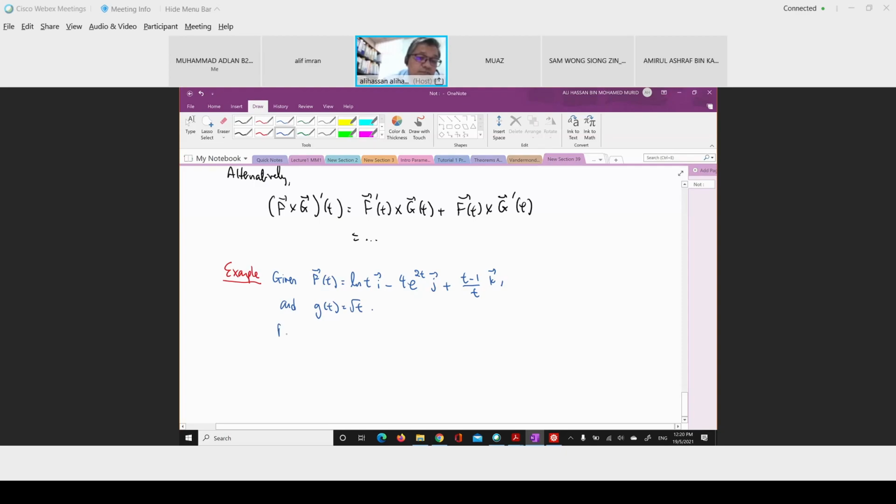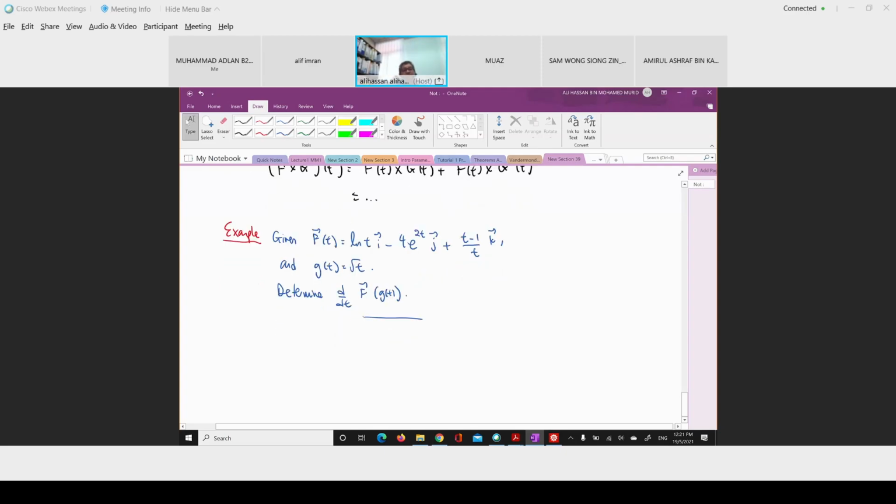We want to determine the derivative of f of g of t. You have a composite function here.